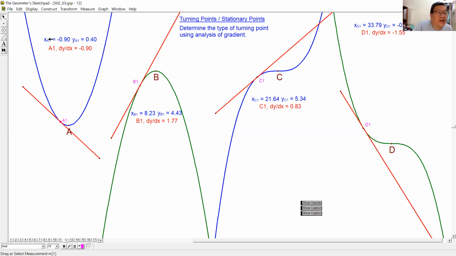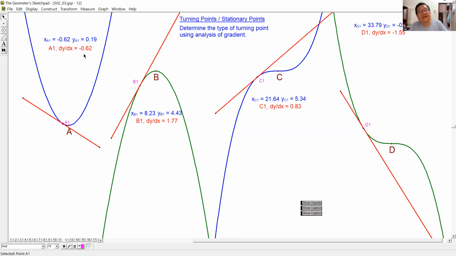Now the coordinate of A1 is negative 0.9 and 0.4, and the gradient of the tangent at this point A1 is negative 0.9. Remember, negative 0.9. So when I move it nearer and nearer to A, what happens to the value of the gradient?